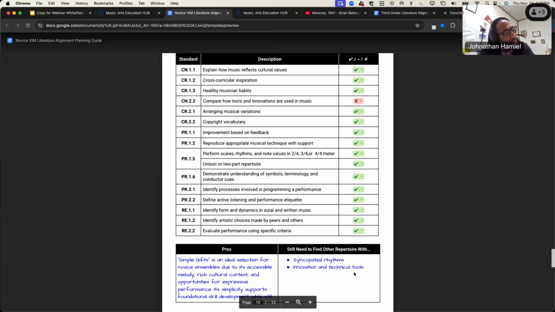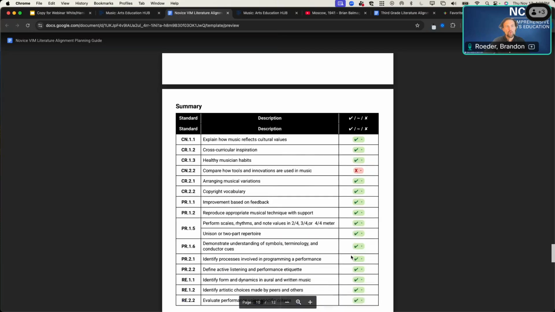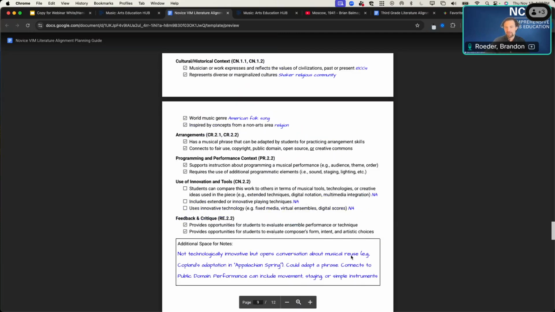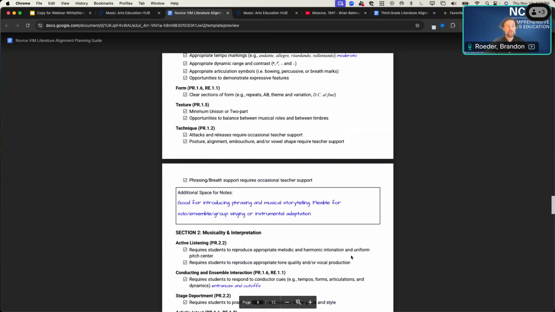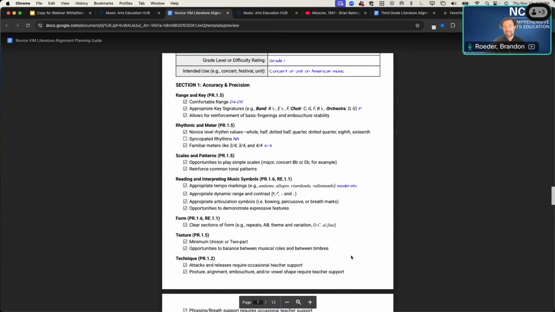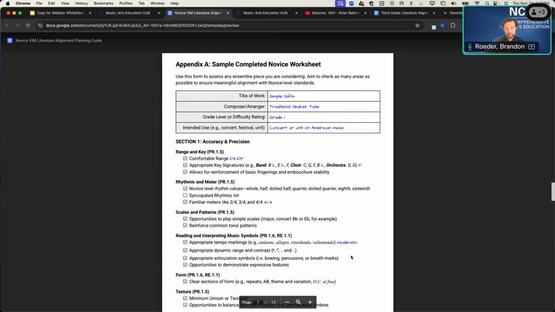I'm going to jump in just for a second because somebody asked me about this at NCMEA. The incomparable James Doherty challenged me to make sure that these forms are aligned to the MPA rubrics. You'll notice that the structure of the VIM documents is different from the structure of the general music ones.